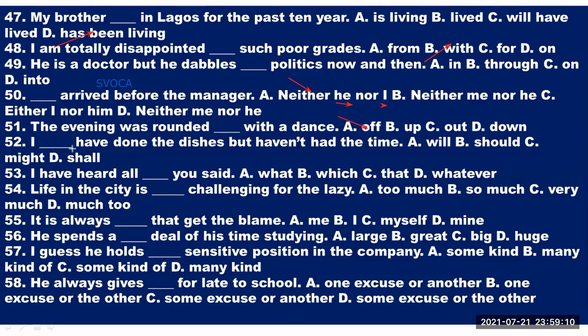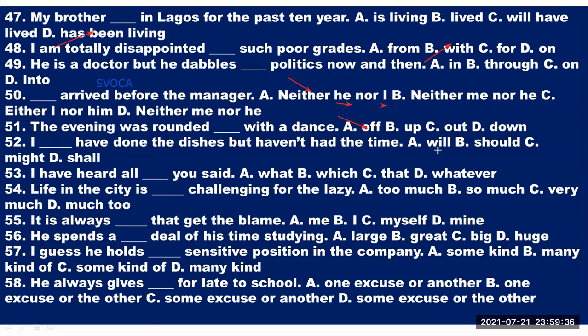52. I dash have done the dishes, but haven't had the time. A, I will have done the dishes is not correct because the meaning we have in the sentence is an action that was completed in the past or was supposed to have been completed.